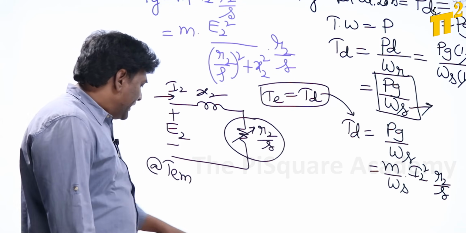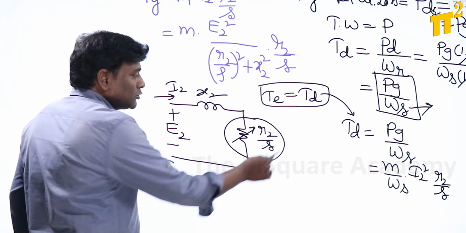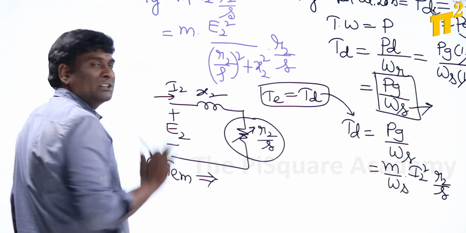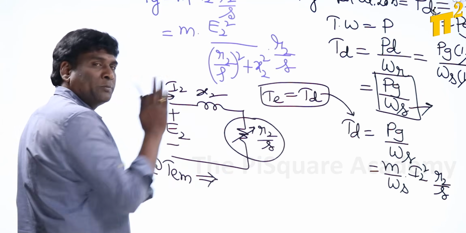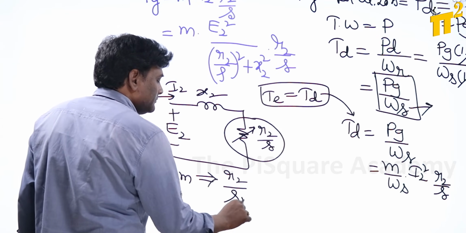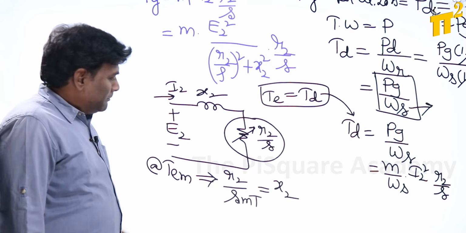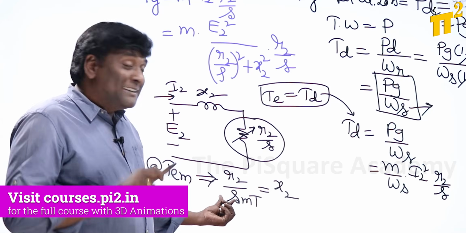Now at TEM, what is the condition? In order to have maximum power here, this particular impedance value should be equal to this particular impedance value, or this resistance value should be equal to the reactance value, such that R2 by SMT should be equal to X2. Because the slip at which maximum torque occurs, slip is the variable.